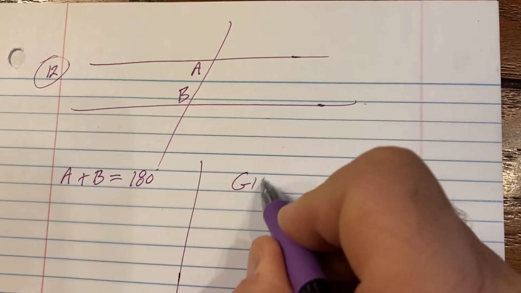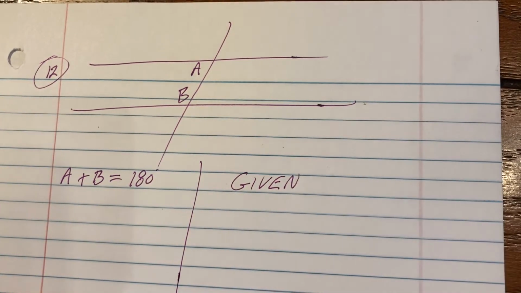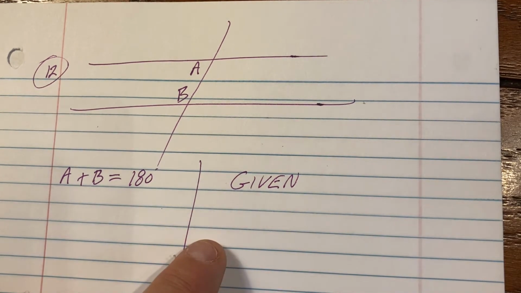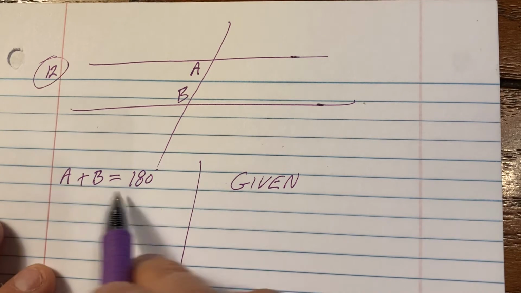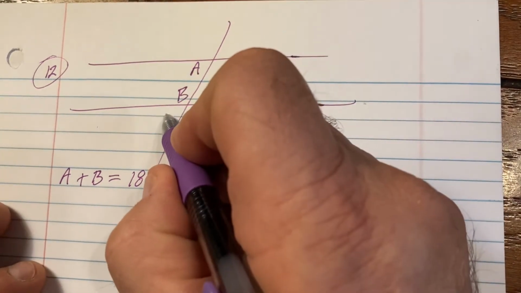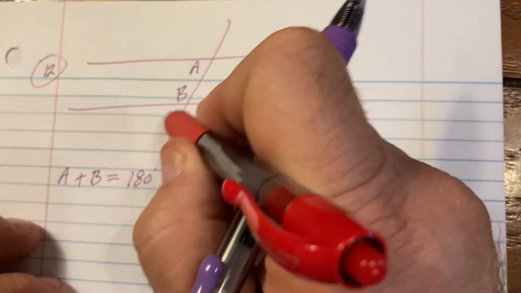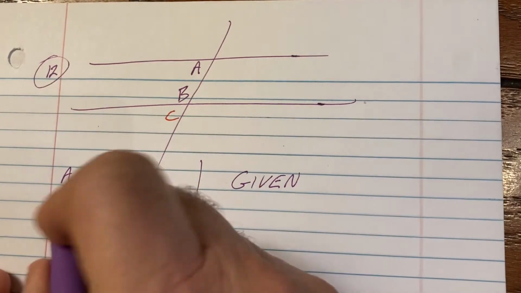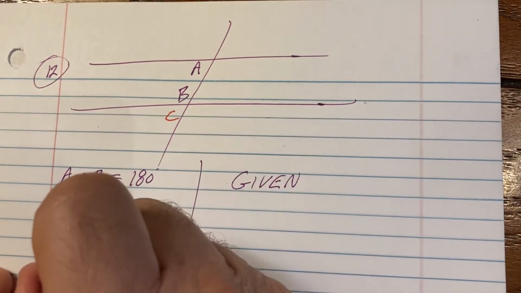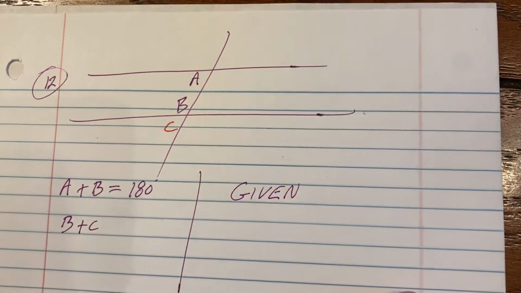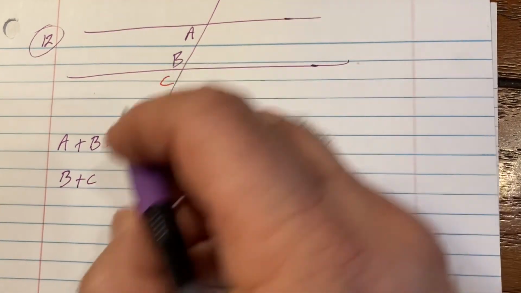It's given. It says if the interior angles are supplementary, okay, that part's given. A plus B is 180. I'm going to introduce, here's an angle right here, C. B plus C form a linear pair.